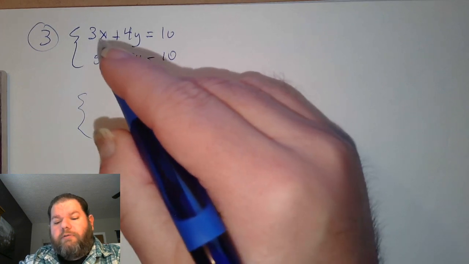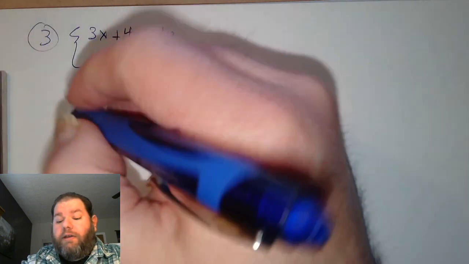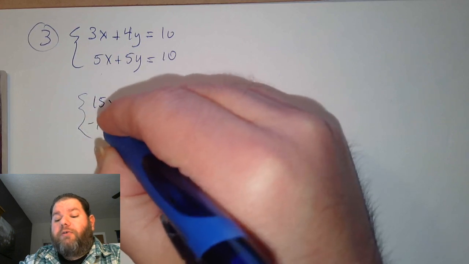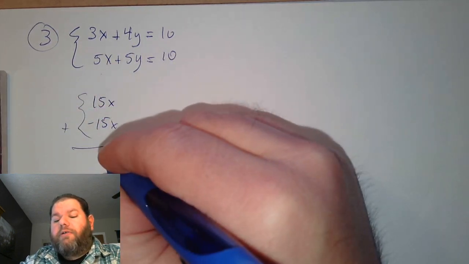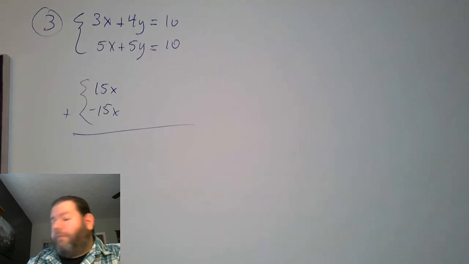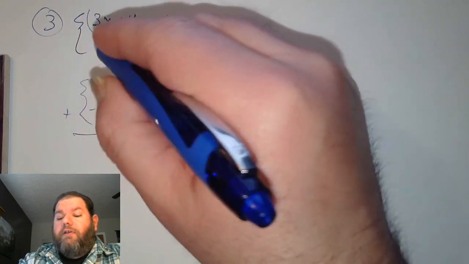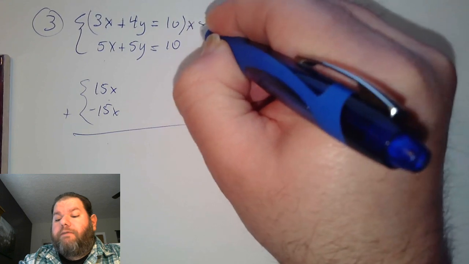So if we just multiply those together, 3 times 5, it's 15. So we want one of them to be 15x. We want the other one to be negative 15x, so that when we add them together, it cancels out. That means to make this into a 15, we'll have to multiply this first one by 5.